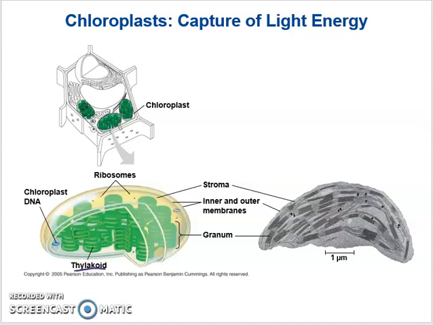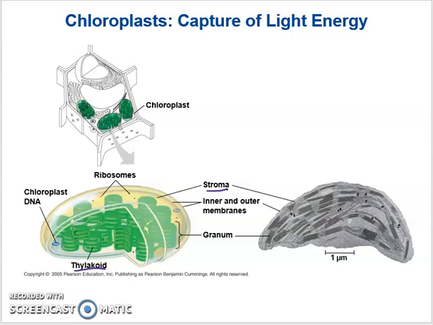The fluid on the inside of the cell, and I know it doesn't look like it really much here, is called the stroma. I don't really care if you know the other structures for this, because it's very similar to what a mitochondria will do. But this is where photosynthesis happens. It happens in the green pigment, right? That chlorophyll inside the thylakoid in these little green stacks of pancakes here.